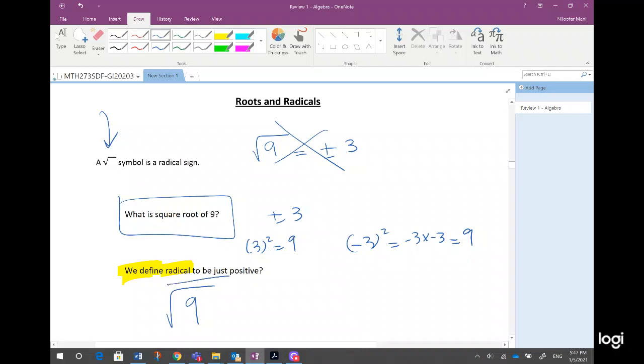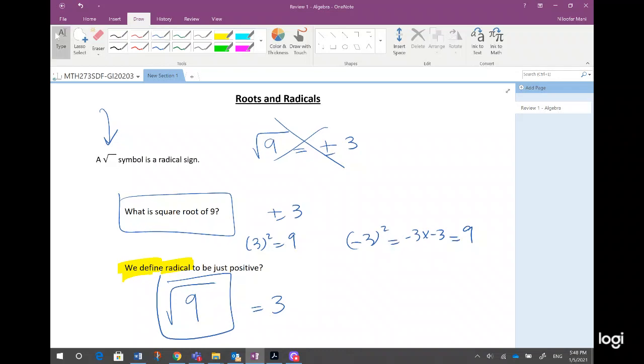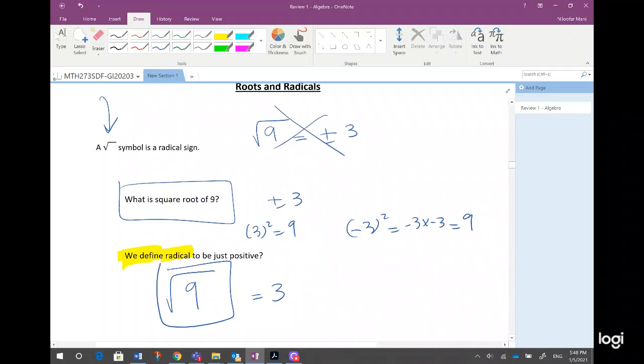So if I show you this symbol, then the result is just 3. If you use your calculator, radical 9 is 3, radical 16 is 4, radical 25 is 5. Again, if I just tell you, what is the square root of 9, you can say plus minus 3.